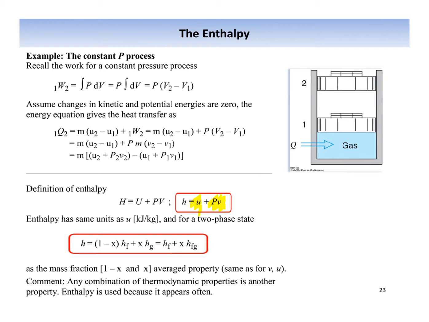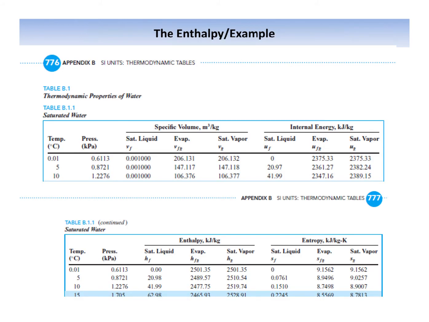So enthalpy is nothing but the combination of different thermodynamic properties. In this slide we can see that, for instance, if we have saturated water vapors at 0.6113 kilopascal, what should be the volume of this system?